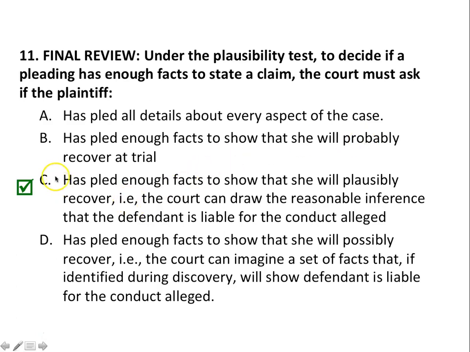Rather, the question is correctly stated in C: has the claimant got enough facts to show she will plausibly recover? In other words, when the plaintiff presumes the facts are true, the court can reasonably infer the defendant's going to be liable. D is incorrect because the test is not possibly, right? This is the old notice standard, which was rejected by the Supreme Court.